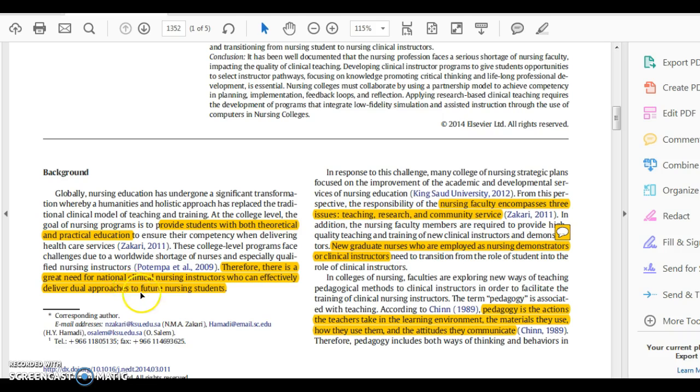Therefore, there's a great need for national clinical nursing instructors who can effectively deliver these dual approaches of teaching theory and practical and clinical to be effective towards our future nurses.